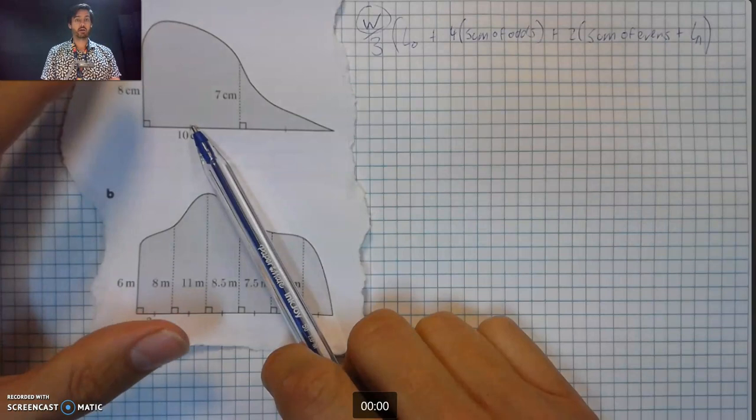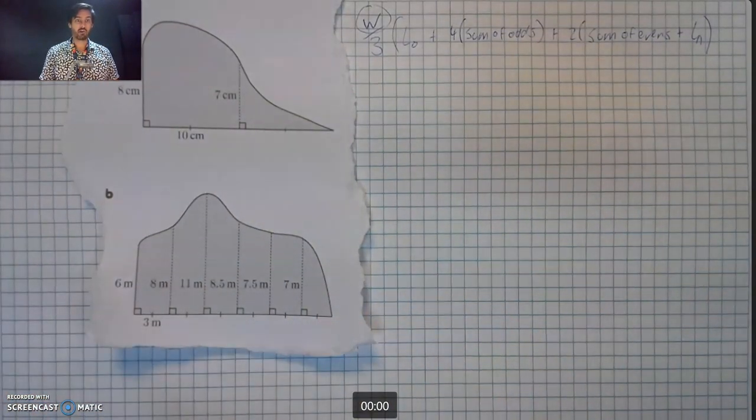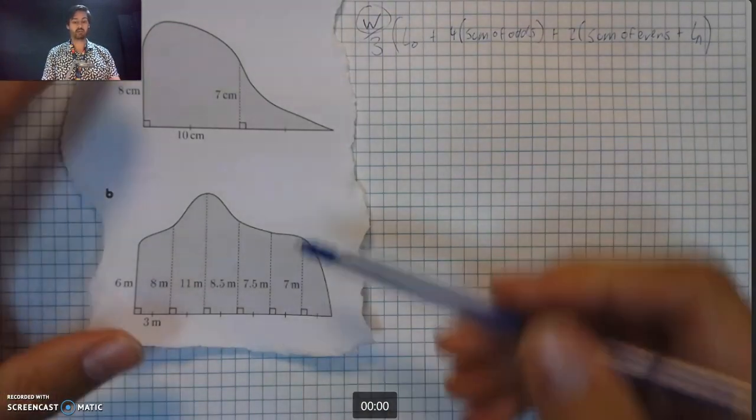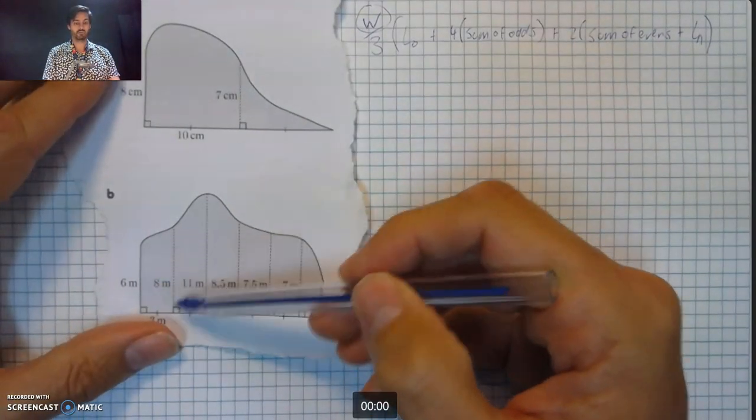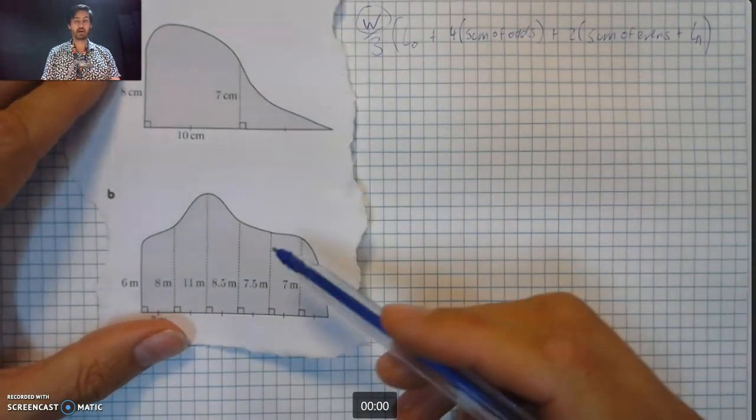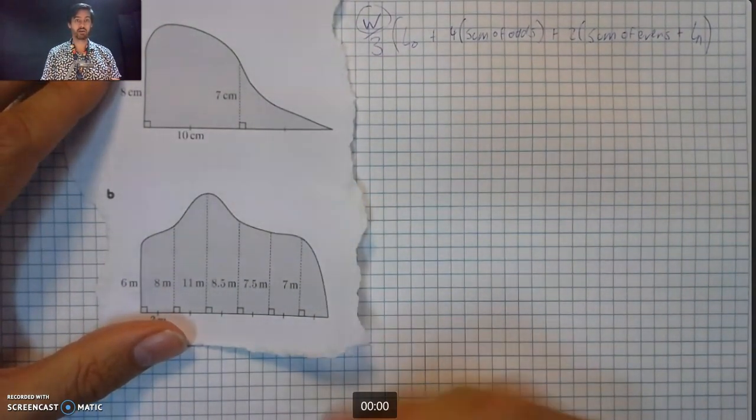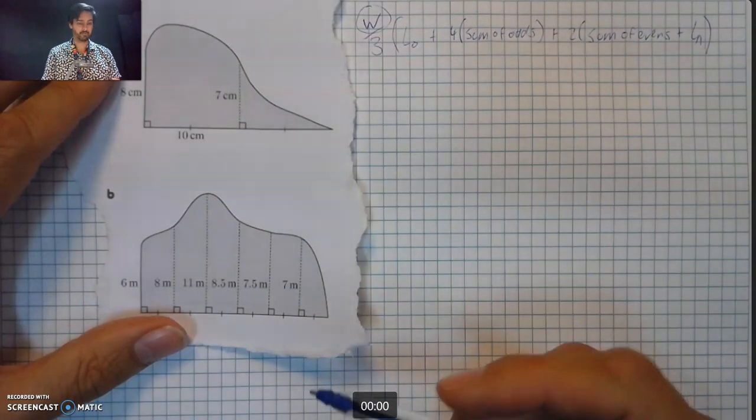The other thing to remember, because it's frequently asked as an analysis question in a test or exam, is that the more segments or strips we have, the more accurate our approximation or estimation is going to be.